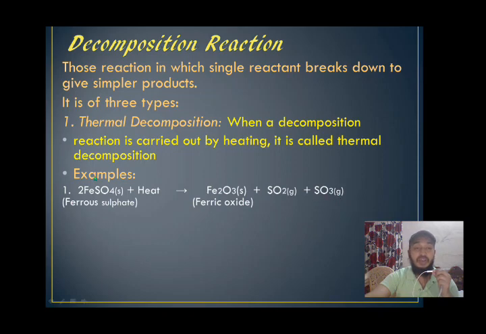So this is a big, complex molecule. When it is heated, it gives ferric oxide, which is a solid, and SO2 gas and SO3 gas. This is an example of decomposition reaction because heat is involved. That's why we call it thermal decomposition reaction.